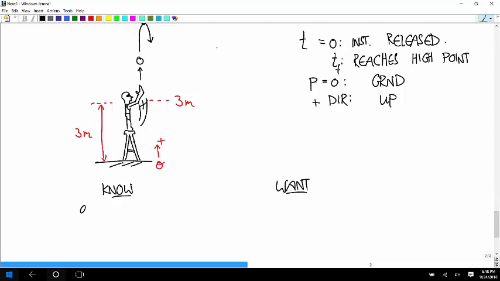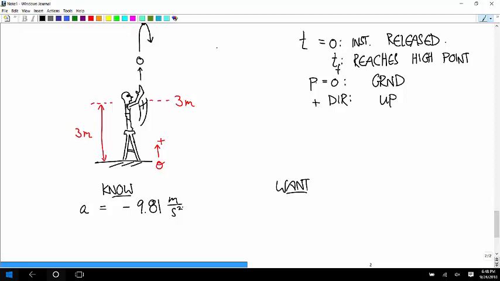We know the acceleration. It's down, so since positive is up, this is negative 9.81 meters per second squared. Is that the acceleration when the ball's on the way up or when the ball's on the way down? And yes, everybody's right.